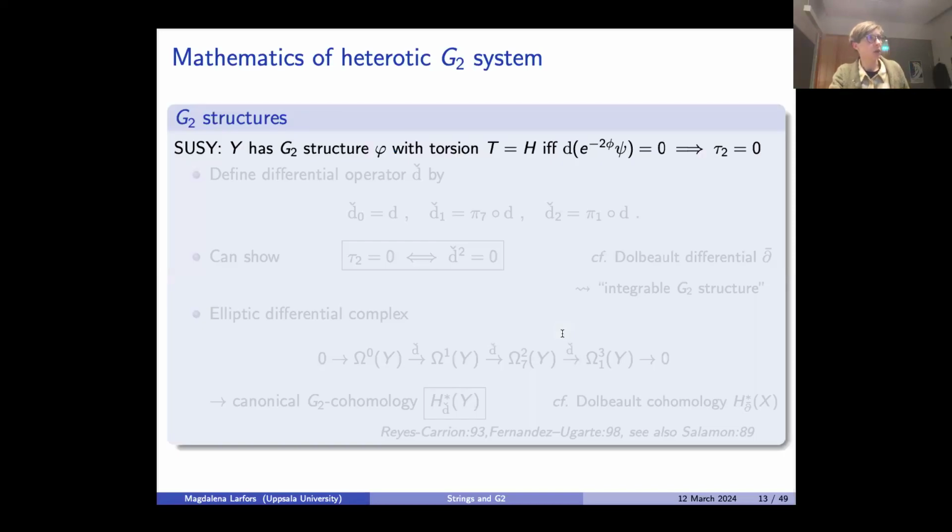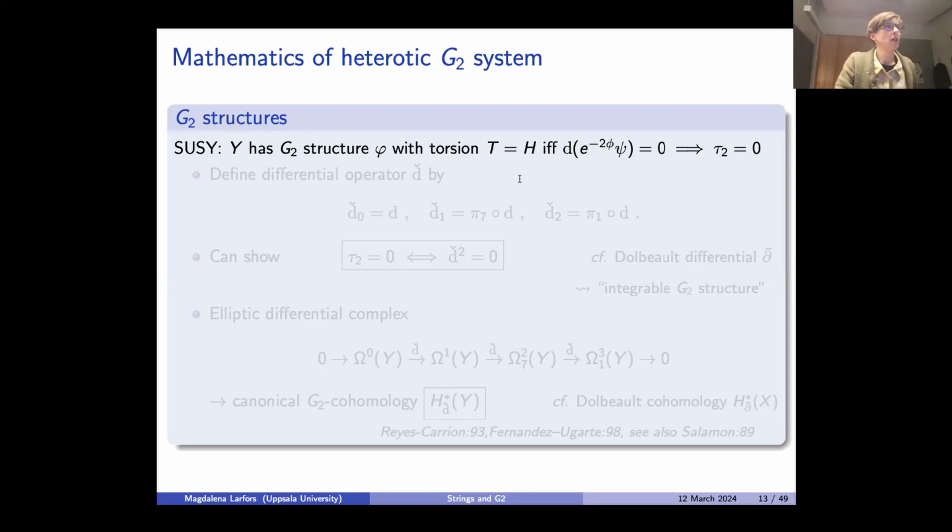Okay, so let's do this. First of all, I want to define this mathematical structure. I want to understand what this constraint on the G2 structure gives me.